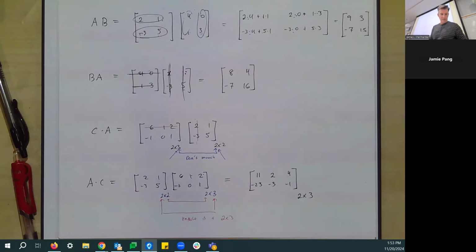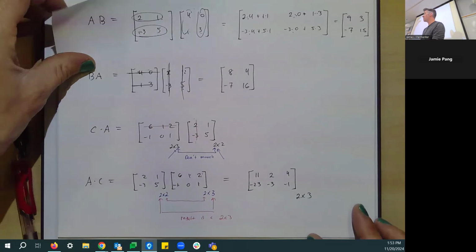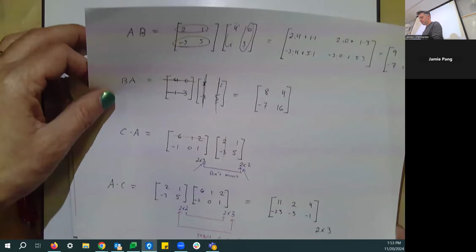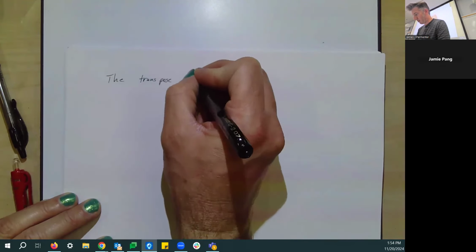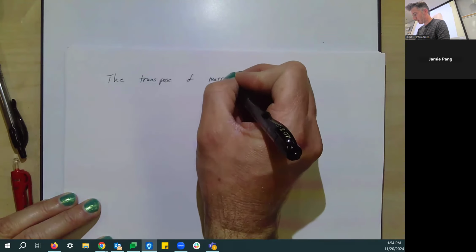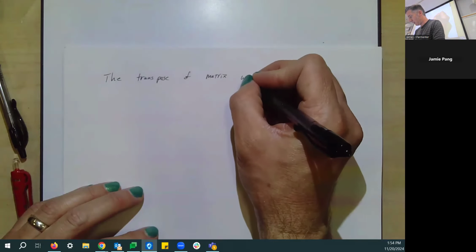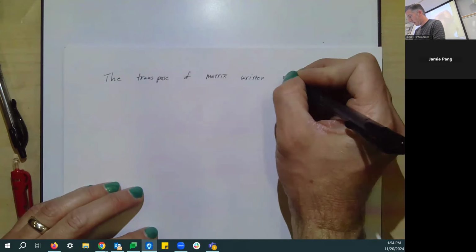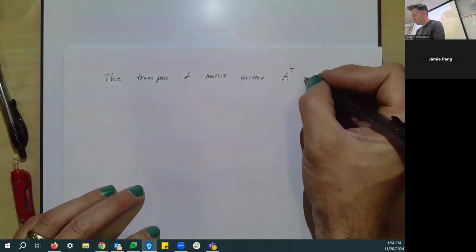What else do people ask me? Oh, yeah. So we can also find the transpose of a matrix. The transpose is written either as A with a capital T as a superscript, or sometimes people use a prime notation.